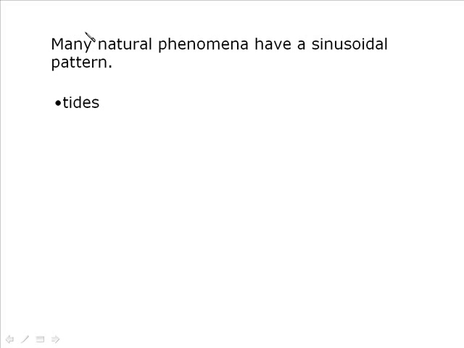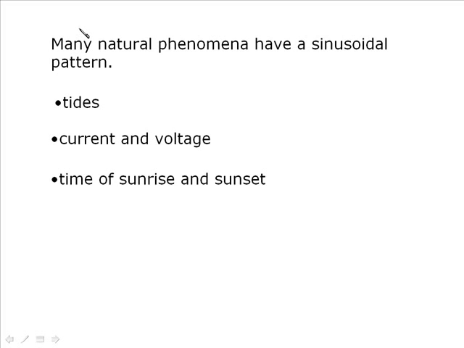Tides are a really common one, and specifically it would be the height or the depth of water at a dock at a certain time, and they do follow a sinusoidal pattern. Current and voltage is a very common one. If you've taken any physics or electricity, you'll know that they follow a regular, recurring, periodic pattern, which would mean that it would be sinusoidal.